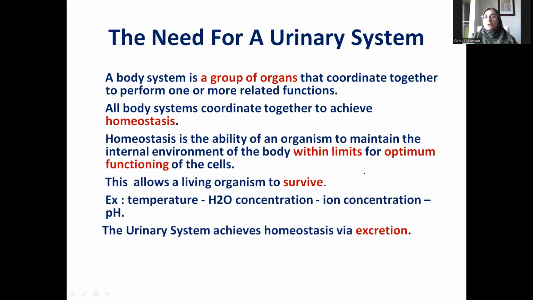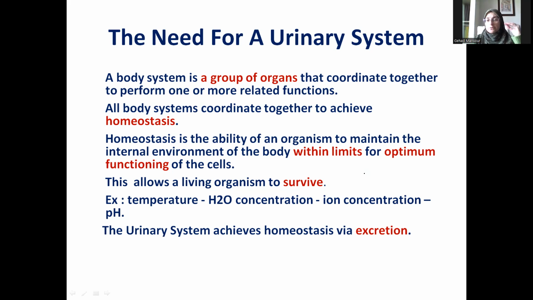And then we could be required to answer a question about the need for a urinary system. Of course, the need for a urinary system is similar to the need for any other excretory system in the body, and it is to get rid of the unwanted waste products of metabolism and to keep the required substances.